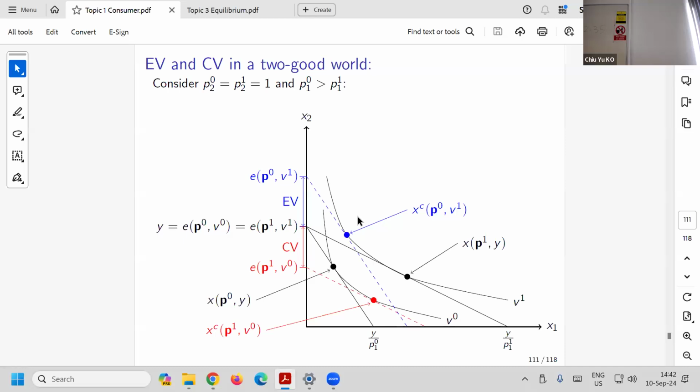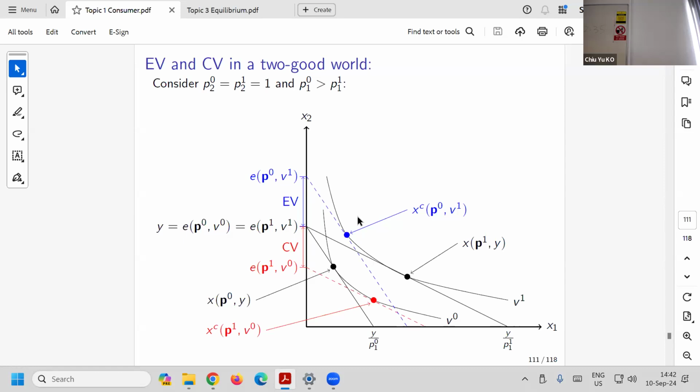Fix this utility curve, look at the new prices and see how it changes. And EV will be the same, fixing the new indifference curve and looking at the old prices. Okay, that's the definition.